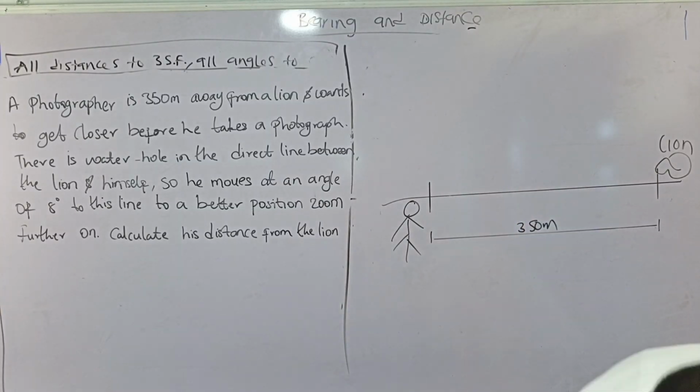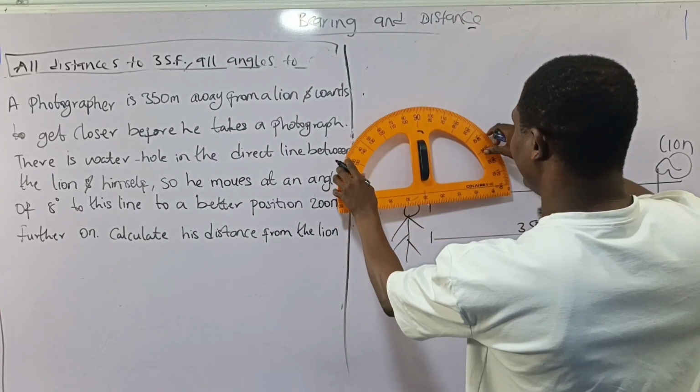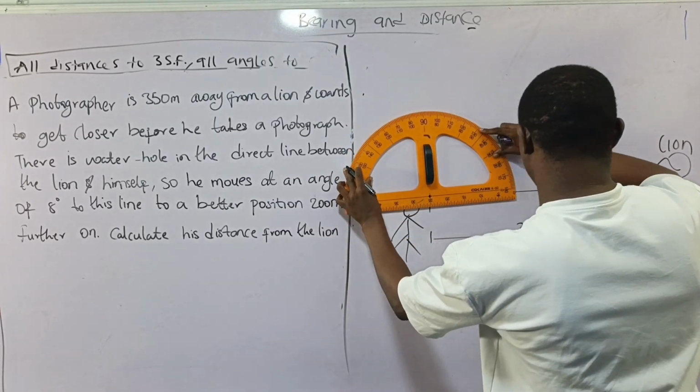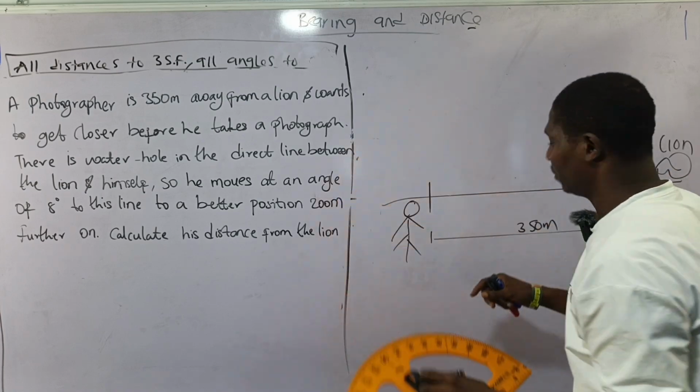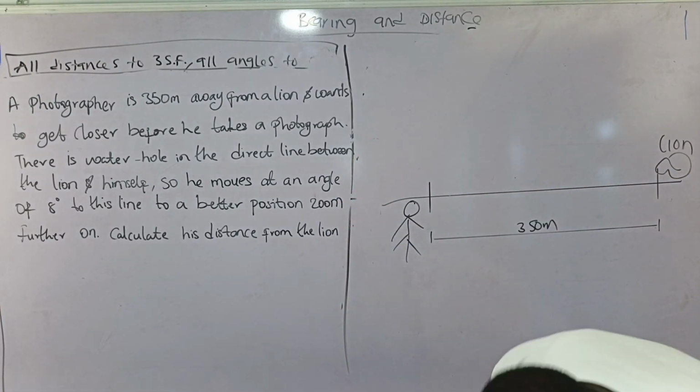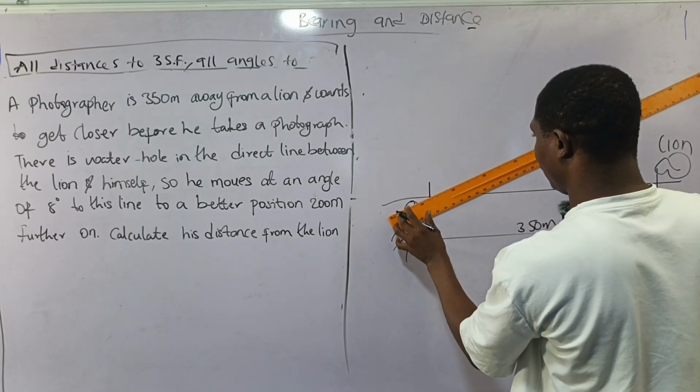Now, it covered an angle. Let me just try to get the angle so that the shape will be matured. An angle of 8 degrees. So 8 degrees should be somewhere here, which is too small, so I don't want to use that angle.